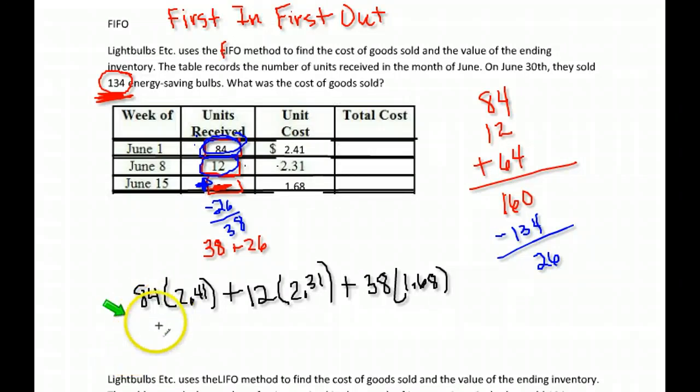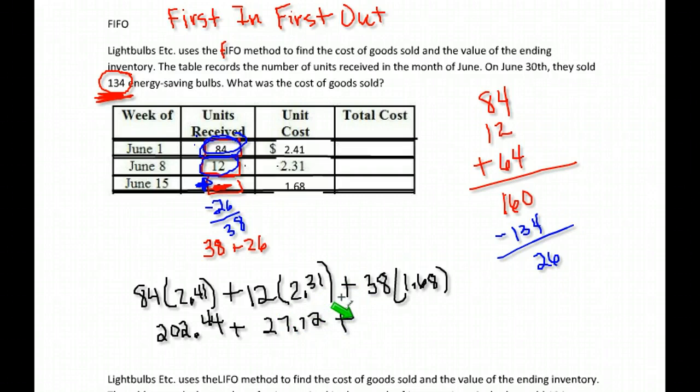Okay, so 84 times $2.41 is $202.44. Plus, we have that 12 times $2.31. Those items are $27.72. And finally, we have the 38 times $1.68. Those were $63.84. Now we go ahead and total those.